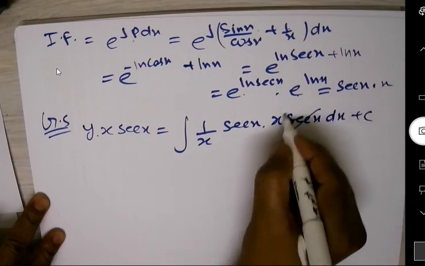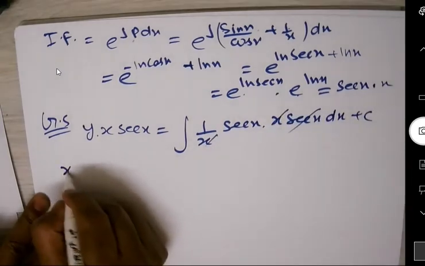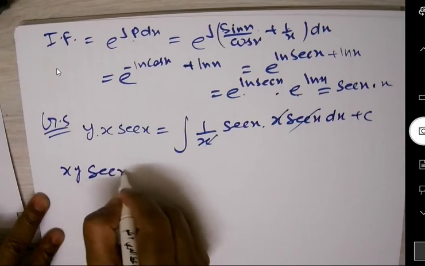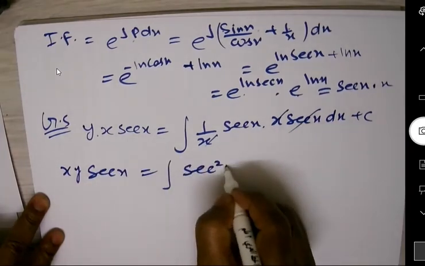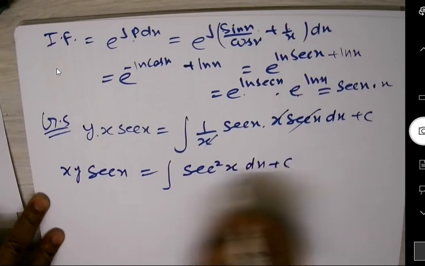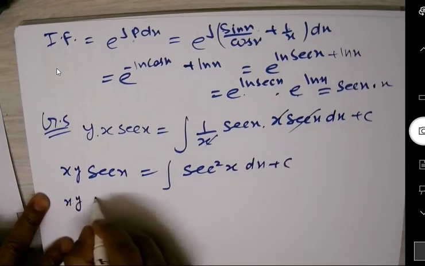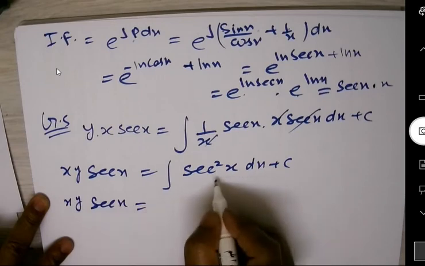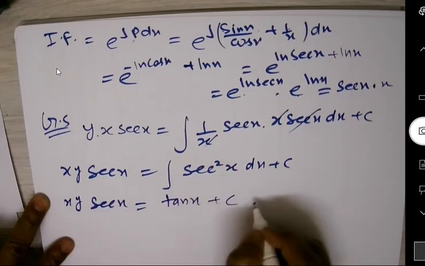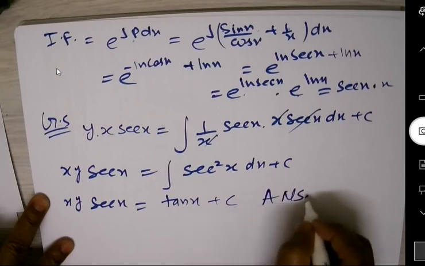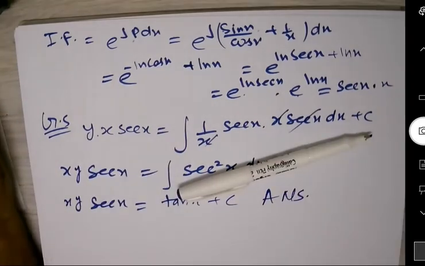This x and this x cancel, so it comes xy sec x equal to sec x multiplied by sec x is sec square x dx plus c, or we can write xy sec x is equal to integration of sec square x, which is tan x plus c. This is the answer of this question. Hopefully my dear friend you understand this part also.